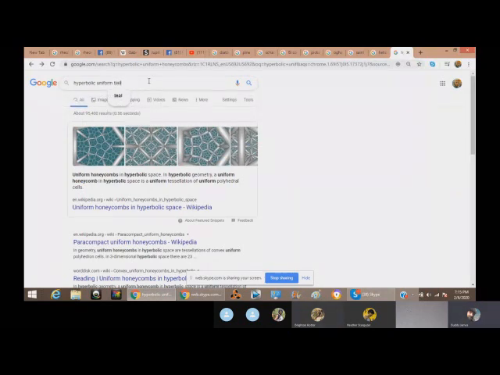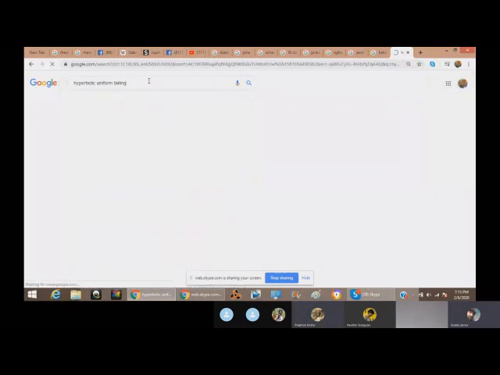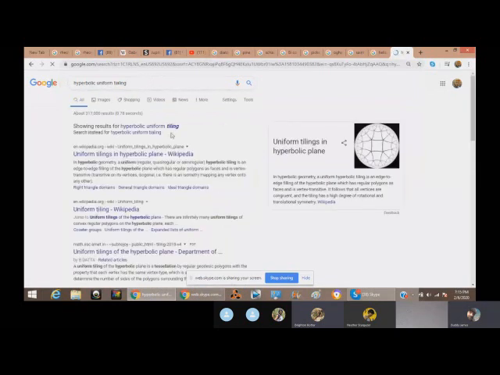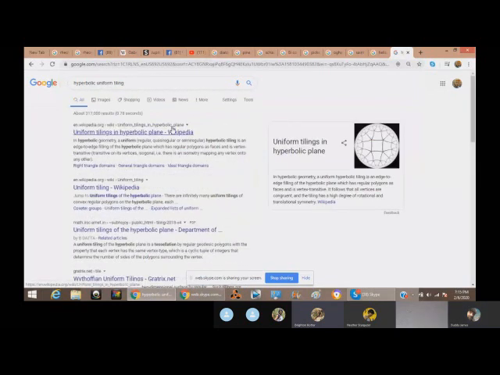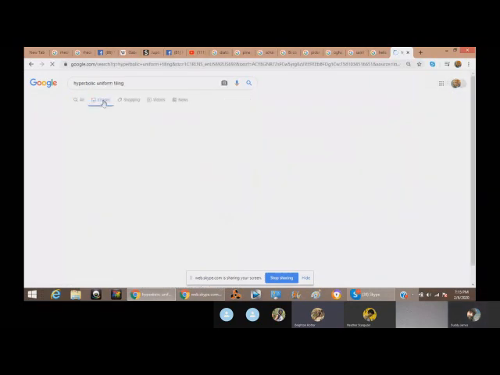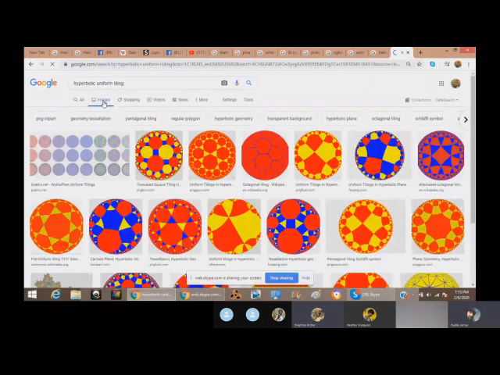Well, the honeycombs work as well, because that's applying this in the third dimension, which of course particles would be doing. Henry Segerman, he's been doing a lot of that.